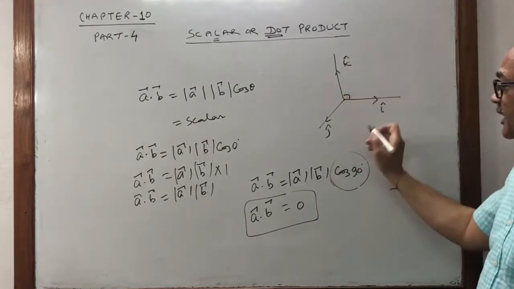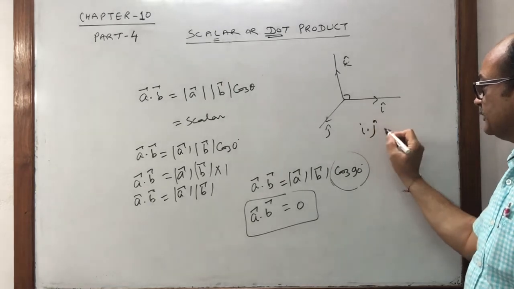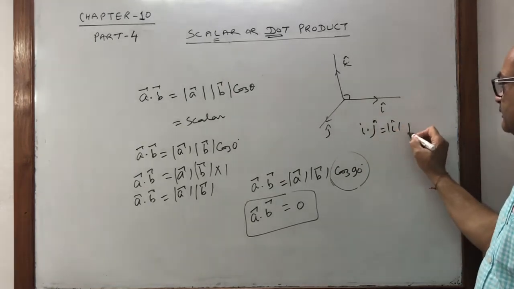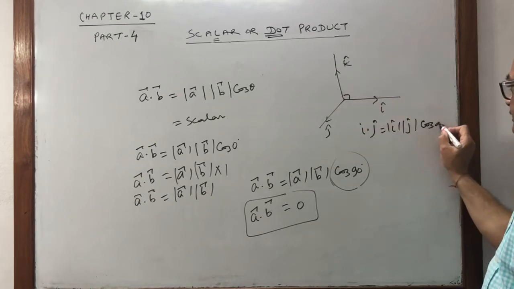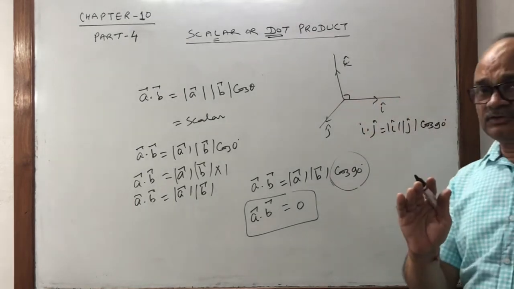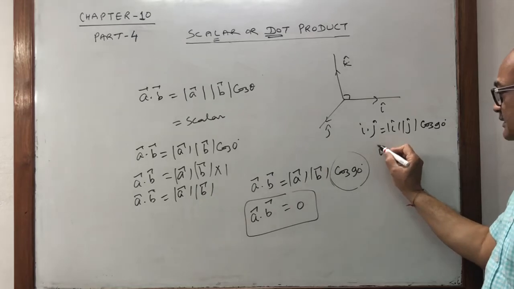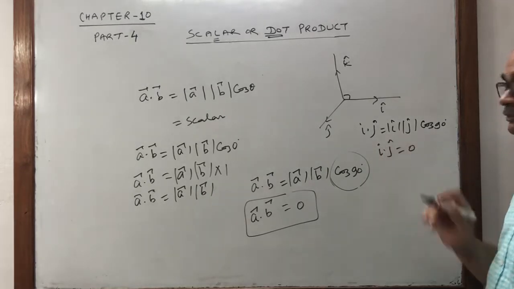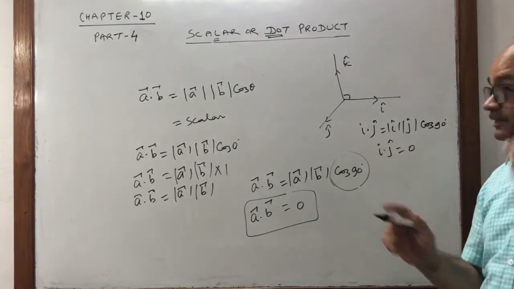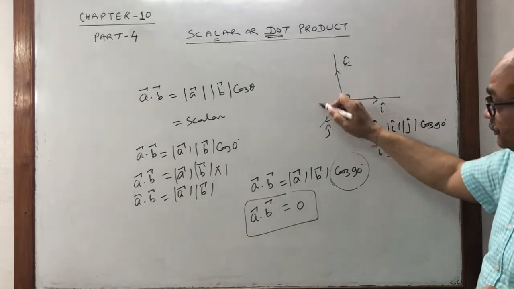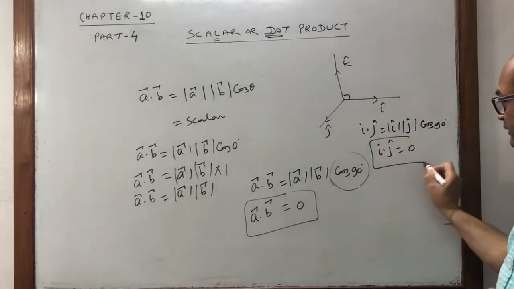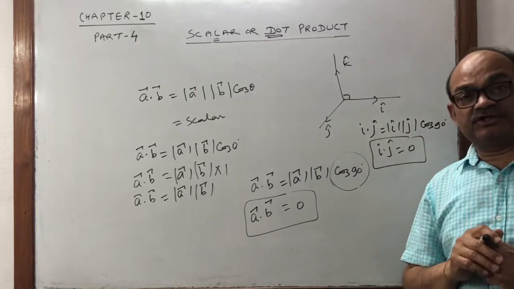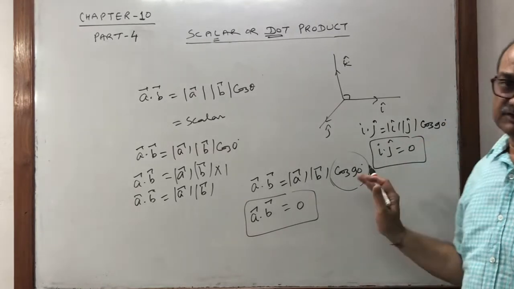First we start with I dot J, meaning magnitude I, magnitude J, and the angle between them cos 90. Cos 90 you know is 0, hence I dot J equals 0. And similarly for J dot I, J dot K, or K dot I, everywhere we are getting I dot J, J dot K, K dot I equals 0.